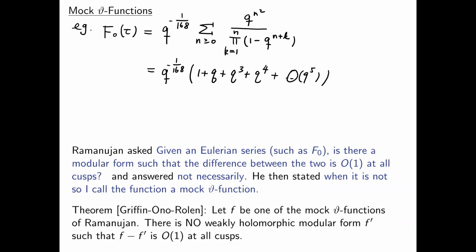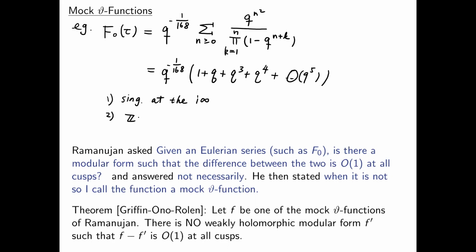So, a few things we can already observe. The first is that it's also singular at the cusps. For instance, at i infinity, you can just observe it, because I put in these negative powers of q already. For other cusps, you can do a little numerical investigation, and then you will see that indeed it blows up.